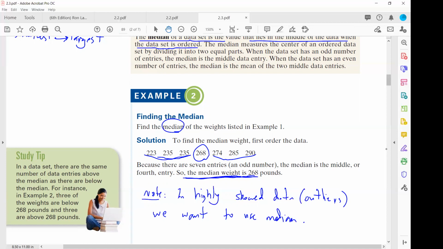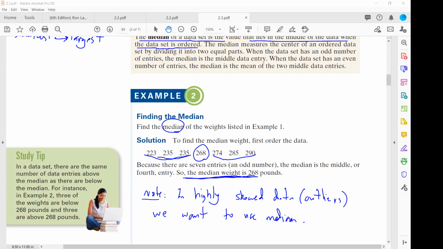Okay, guys, here you had 7 data. What if you had 6 entries, 6 numbers? It would be the number in between, like 3 and 4, the third and the fourth. Suppose you have 6 entries instead of 7.